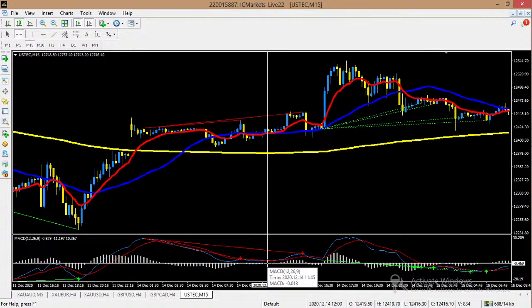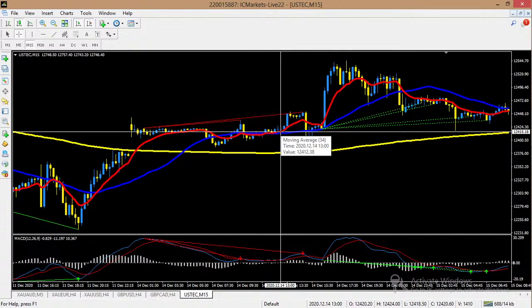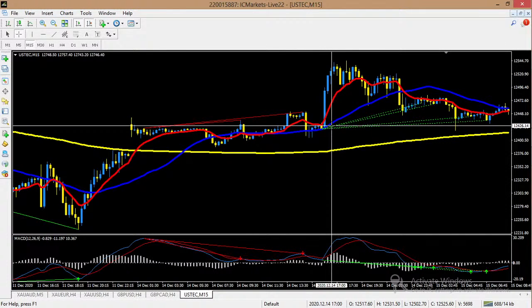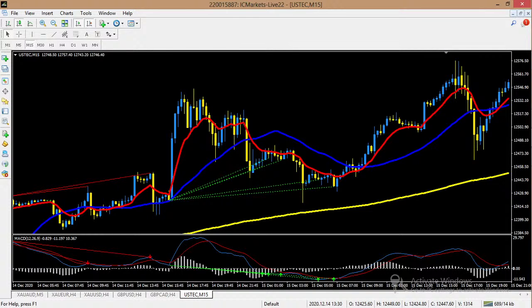So this is a very powerful buy signal. Then you make your entry from here and wait for it to give you your money, because it is a must-pay entry opportunity.